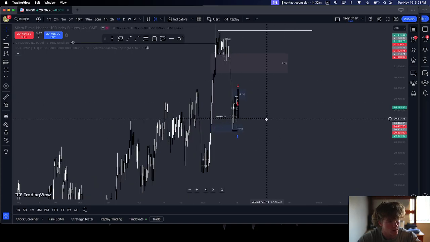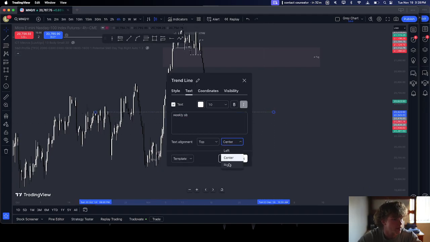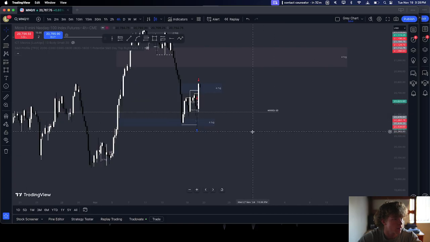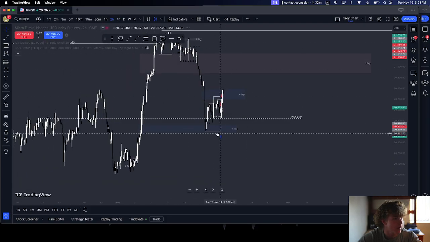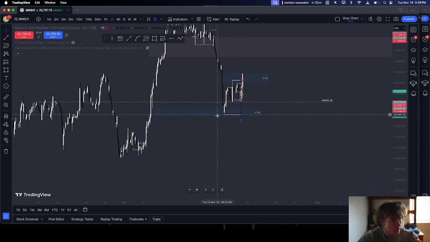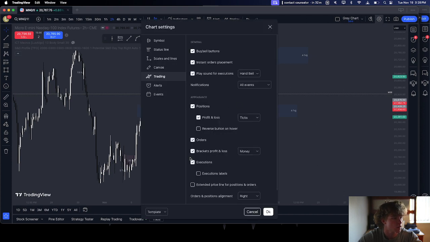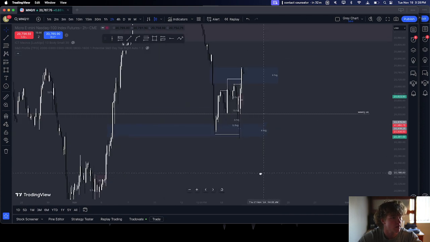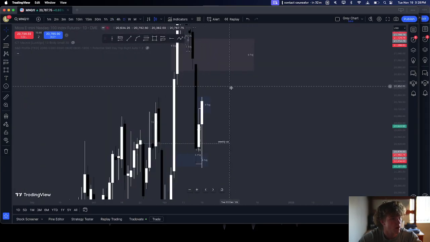And then let's go right. And then that 4 hour, this sweep of liquidity. Let's turn this off too. Get these executions off.